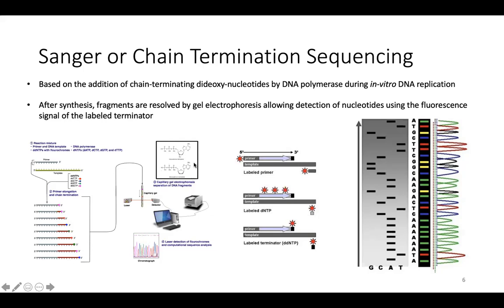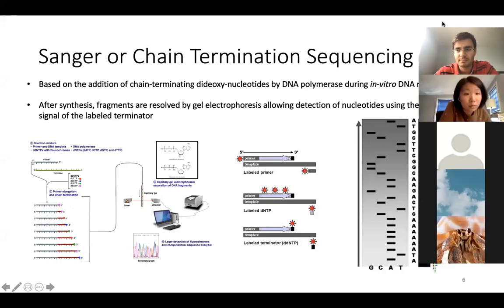The dideoxynucleotide does not have a hydroxyl group. So what happens when the DNA polymerase adds a normal nucleotide? What happens in terms of the ability of the template to grow? What's going on?